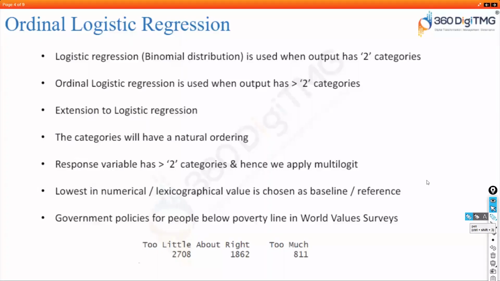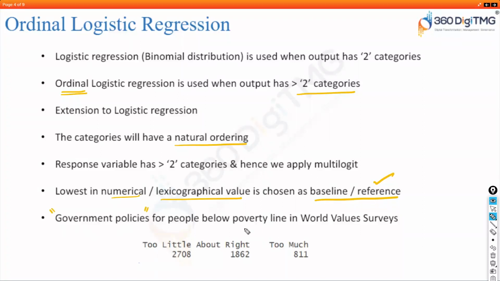Let me show you. If you have more than two categories, and if there is a sequence, you proceed further with ordinal logistic regression. And if you have categories with a natural ordering, we usually proceed further with that. Here also, you'll have a baseline or a reference, which is chosen based on lexicographical value or using numerical data.